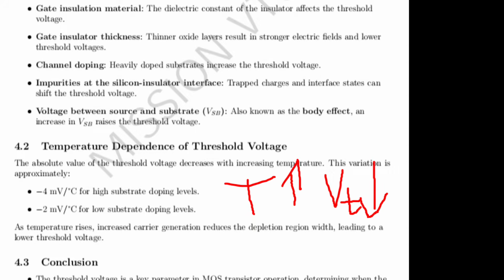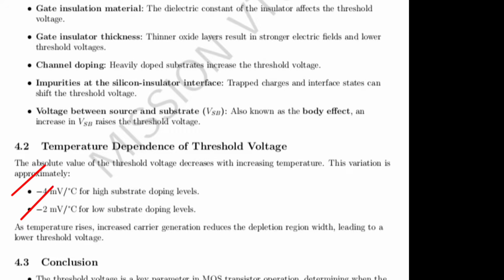So you can write these two values in the exam that can fetch you marks. One value would be minus 4 degrees Celsius for high substrate doping levels and minus 2 degrees Celsius for low substrate doping levels.